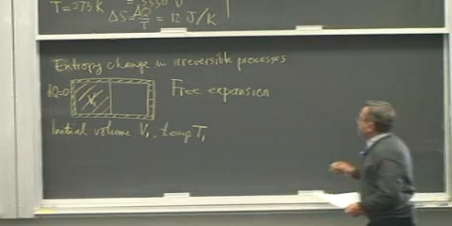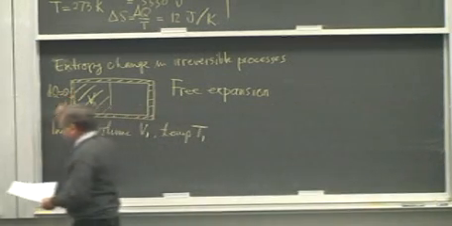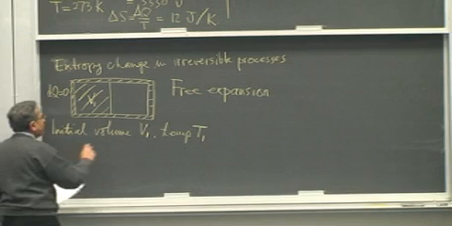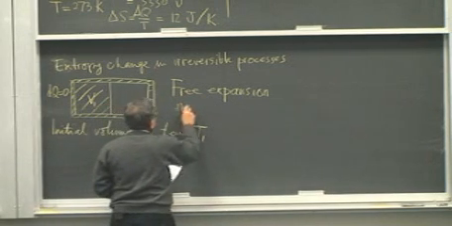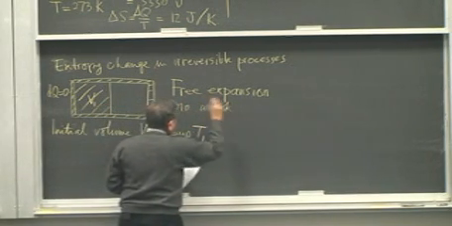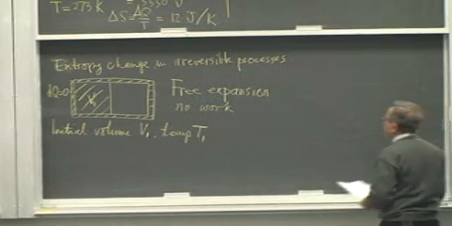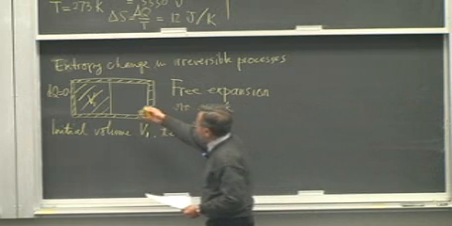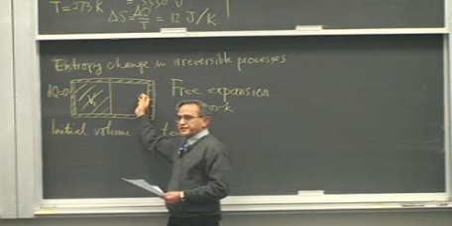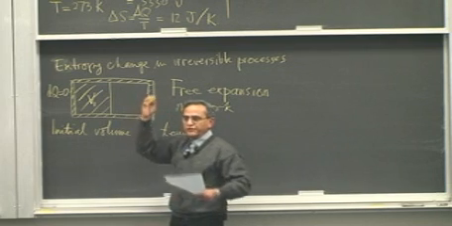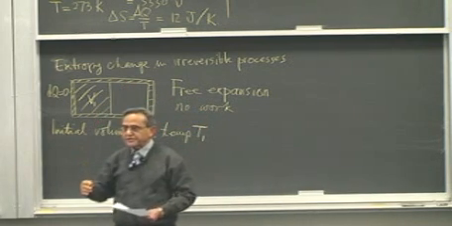Since it is a free expansion and dq is equal to 0, free expansion means no work. No work, because the gas comes out and fills up the other compartment without doing any work, without lifting any weight, without pushing any piston.